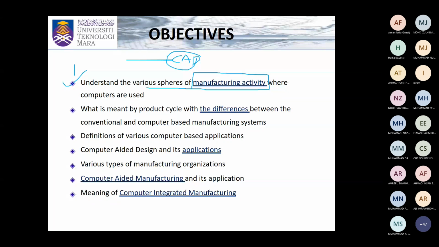used. And then we want to understand what is meant by the product cycle, with the differences between the conventional and computer-based manufacturing systems. And then definitions of various computer-based applications, CAD the application, types of manufacturing organization, just a small intro, computer again, CAM and CIM.